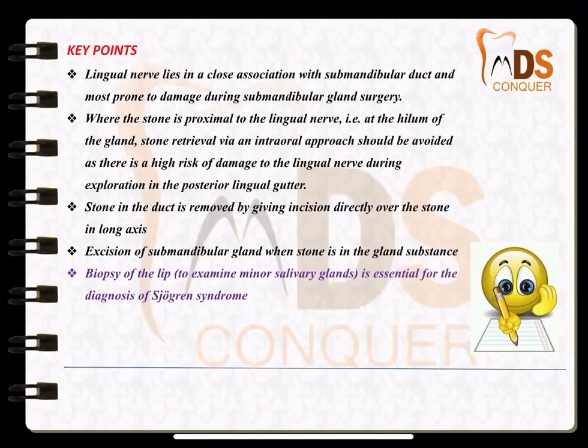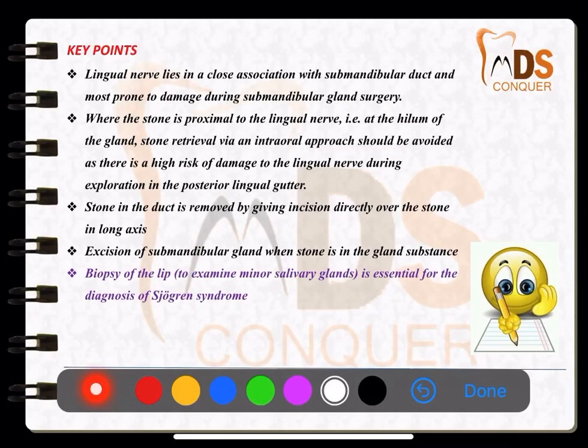Coming to the other key points, we are almost close. The lingual nerve is not related to tumors as such, but these are general key points. The lingual nerve lies in close association with the duct of the submandibular gland, that is Wharton's duct, so it is more prone to damage during submandibular gland surgery.